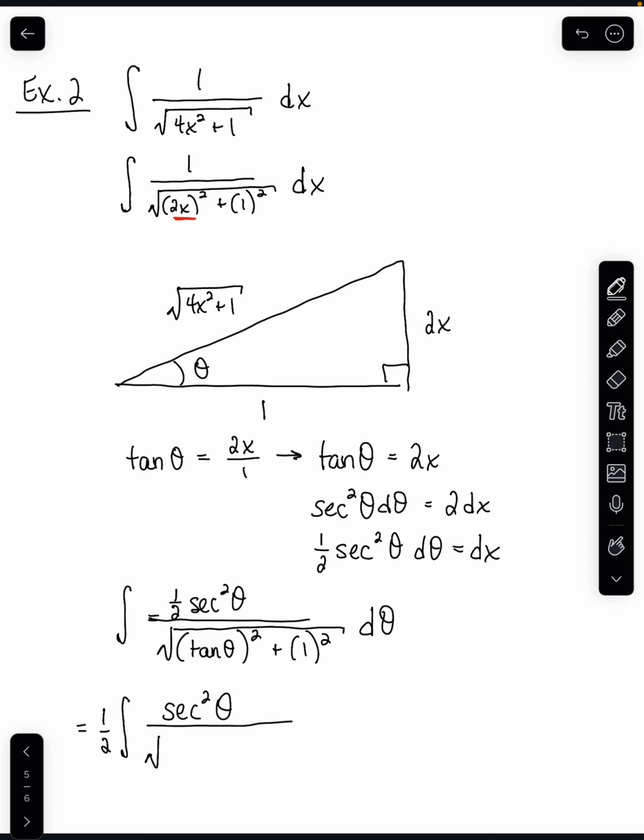In the denominator, we can rewrite this as tangent squared theta plus 1, which, like in the previous example, will allow us to use a Pythagorean identity. Tangent squared theta plus 1 is equal to secant squared theta.